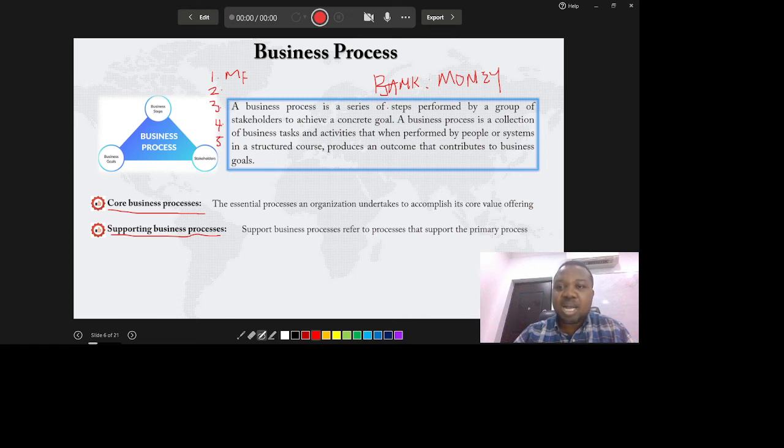However, some banks also have other offerings, do you understand, that are not their core business processes, which are mostly supporting or complementing these core processes. So, for example, you might have things around customer engagement. Do you understand?